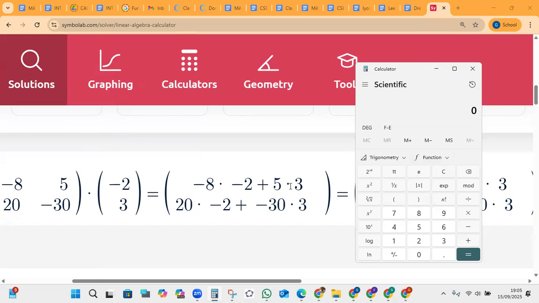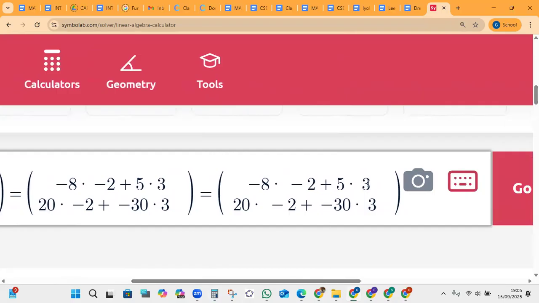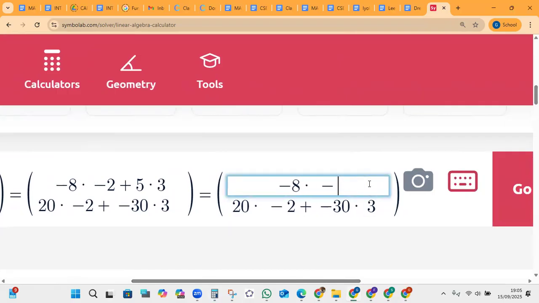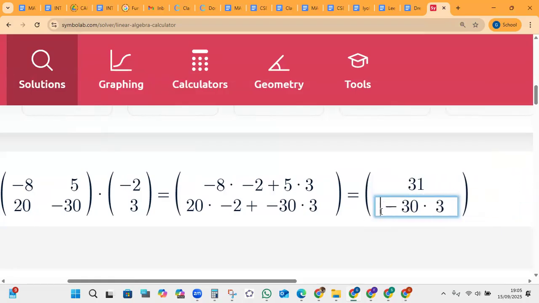And 5 times 3 is 15. So that's basically 16 plus 15. That should give us 31. Did you all get 31? Yes, sir. And please practice mental arithmetic because paper 1 is no calculators.